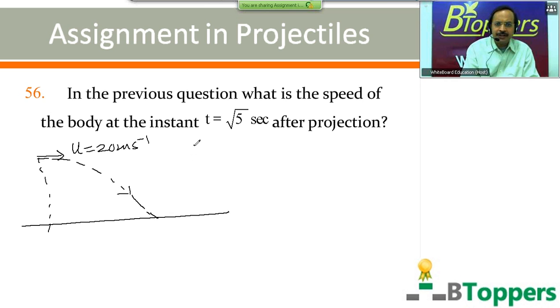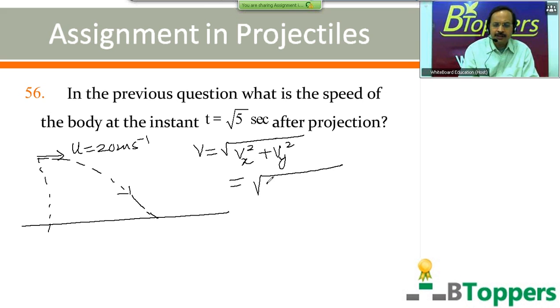So the magnitude of velocity at any instant during the motion under influence of gravity is given by root of vx square plus vy square. In the case of horizontal projection, the horizontal component of velocity at any instant is the same as the initial velocity of projection.